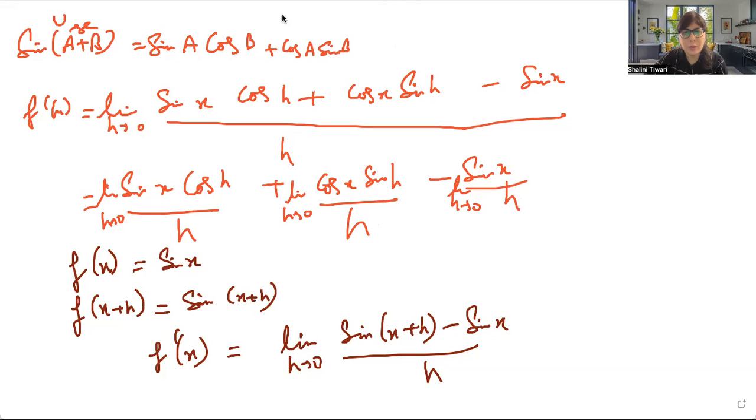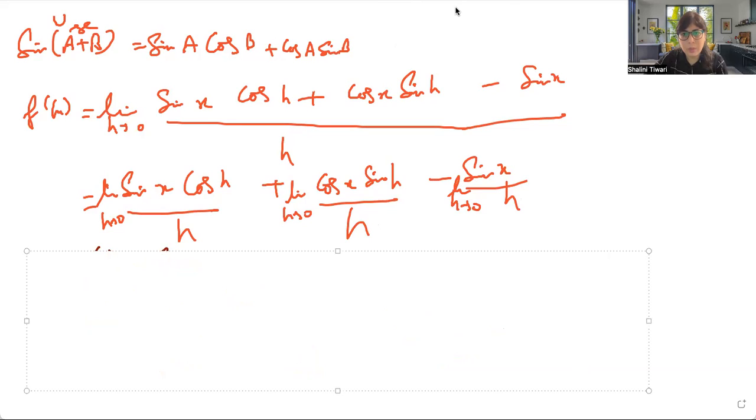Now, in the next step, what we are going to do is, yeah. So now this part leads to our 0 part. If we put cos h, h is 0, then sin x and sin x will cancel each other.